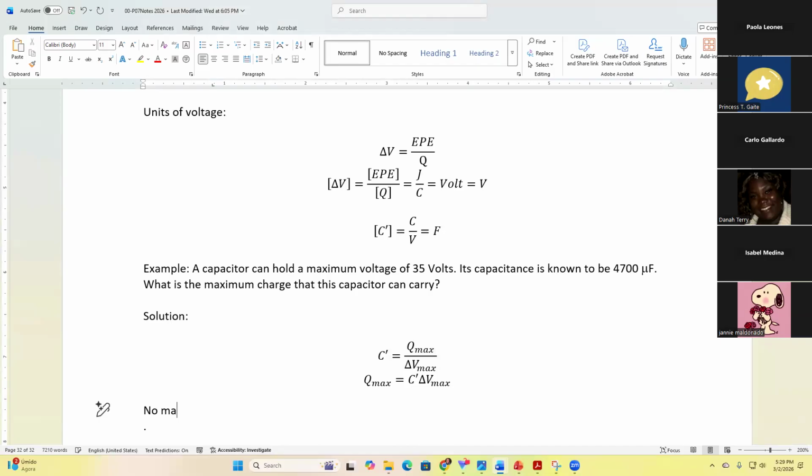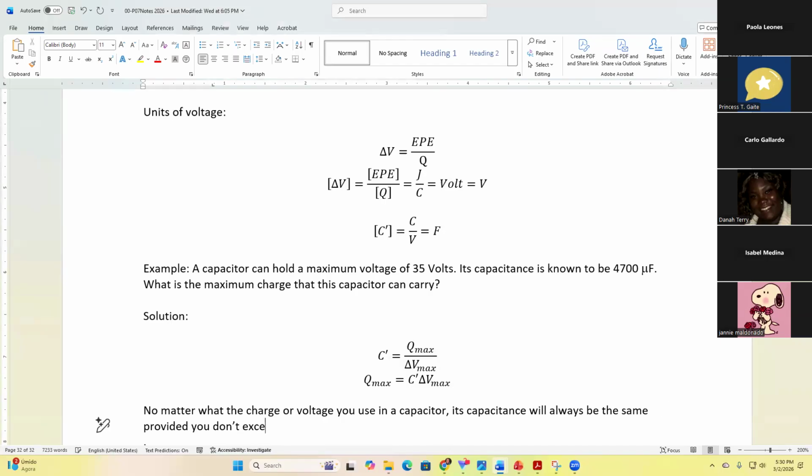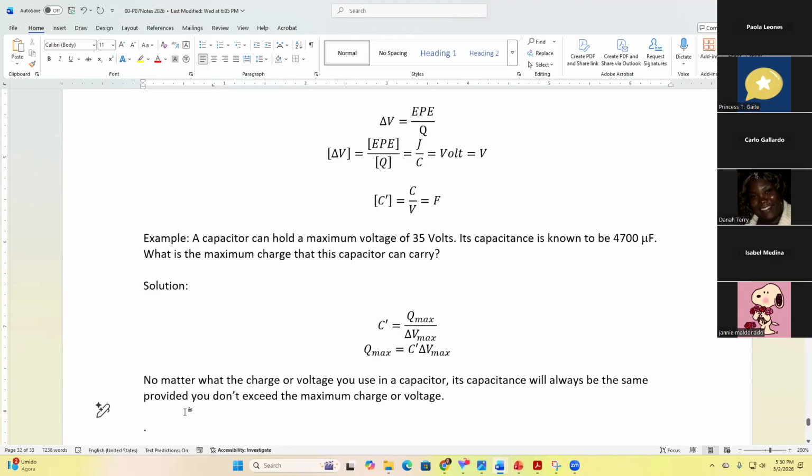No matter what the charge or voltage you use in a capacitor, its capacitance will always be the same, provided you don't exceed the maximum charge or voltage.